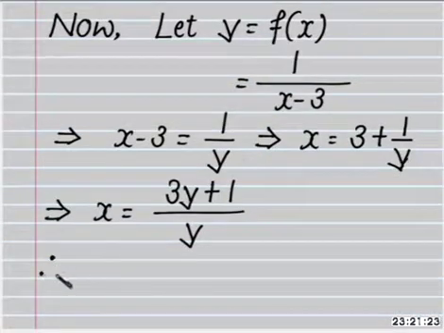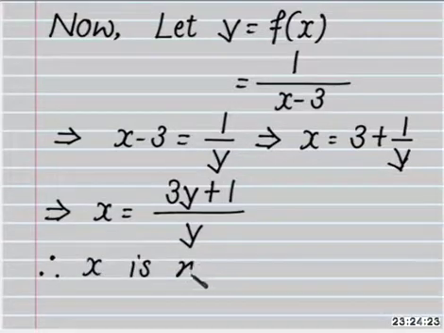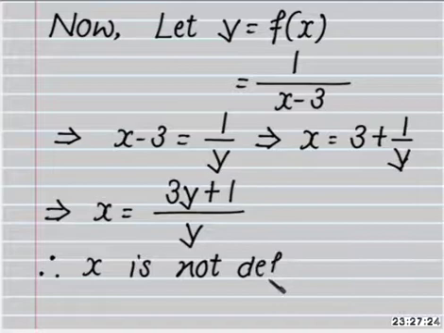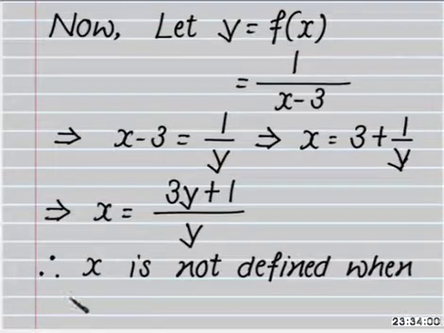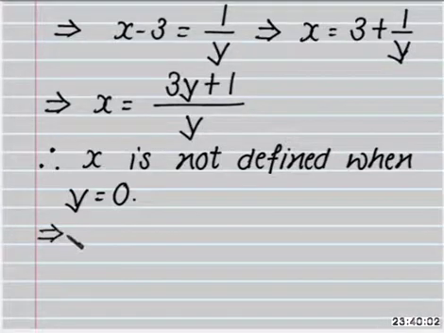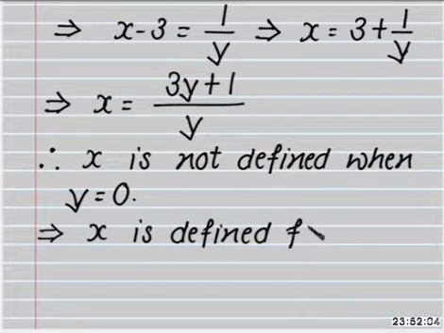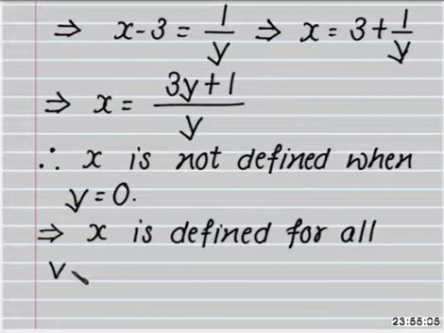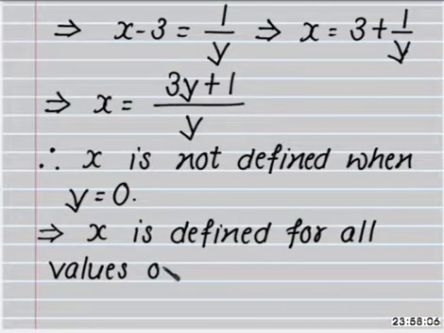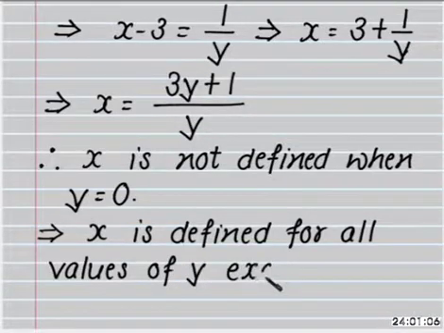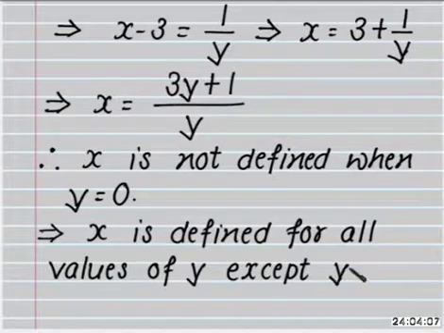So therefore x is not defined when y is equal to 0, implies that x is defined for all values of y except y equal to 0.